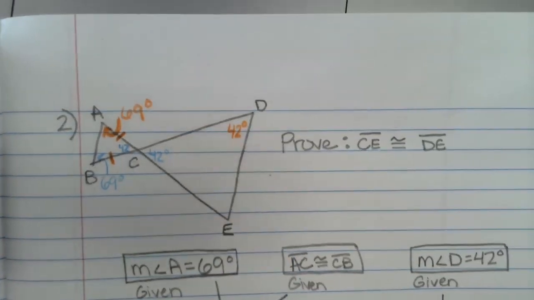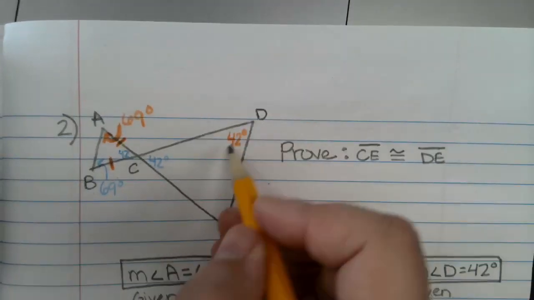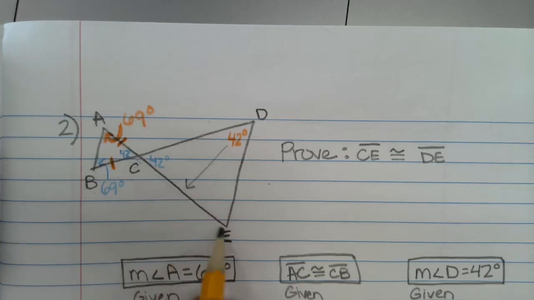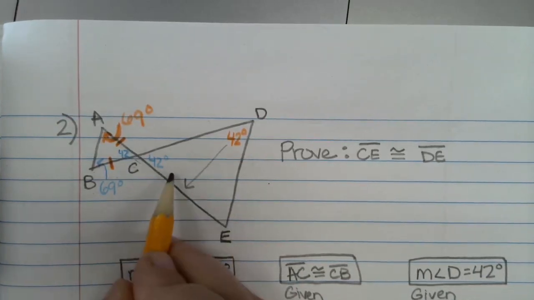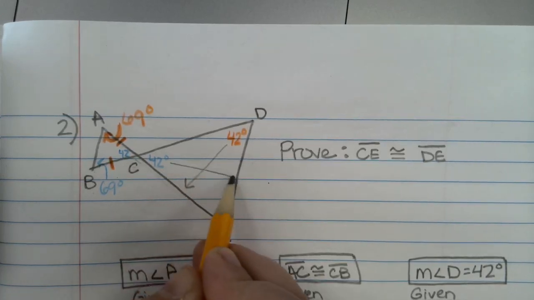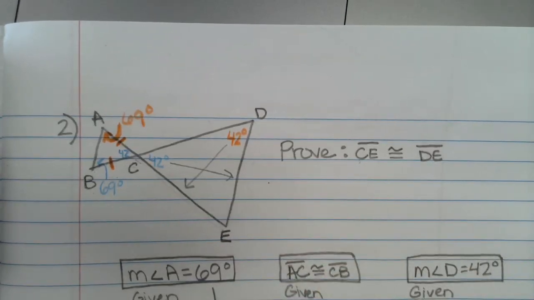So we want to look across from those angles. So across from angle D is which side? CE, that whole side, C to E. What's across from this angle 42? DE. Yeah, DE. Is that what we were trying to prove? Is that CE is the same as DE? Yeah. Yep.